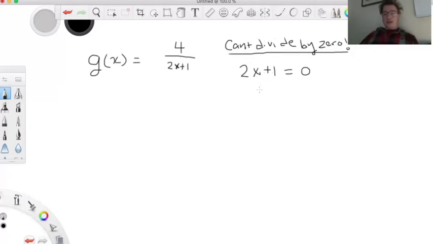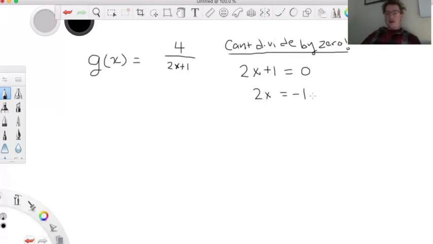So we'll do a little bit of algebra here. So first thing we'll do is we'll subtract 1 on both sides. So we'll get rid of this 1 and we'll get closer to isolating this x. So let's do that. So we'll have 2x equals -1.